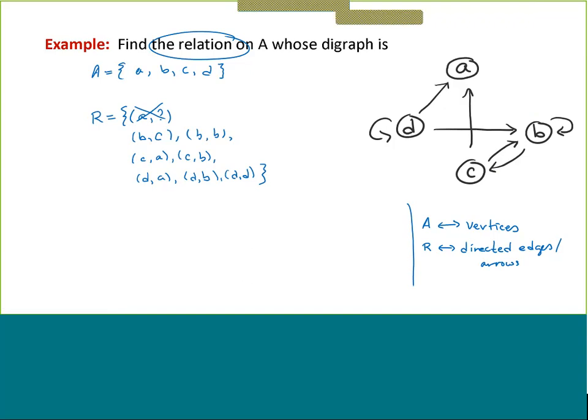So we've got 1, 2, 3, 4, 5, 6, and 7 arrows. So then you want to make sure you have the same number of ordered pairs. 1, 2, 3, 4, 5, 6, 7. Yep, we're good. So that means this guy here would be the relation where we already had the picture representation, but we didn't have the ordered pairs.